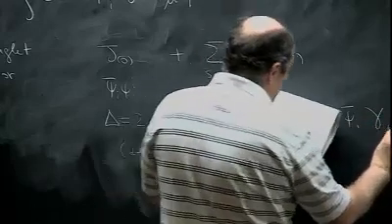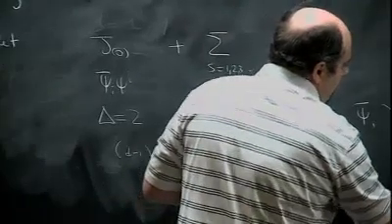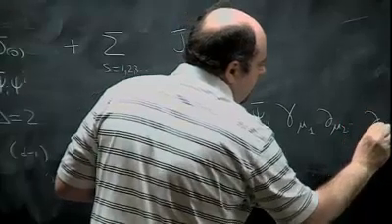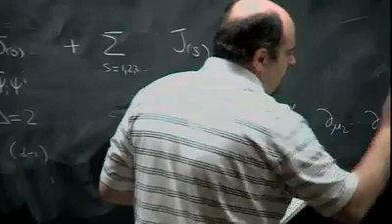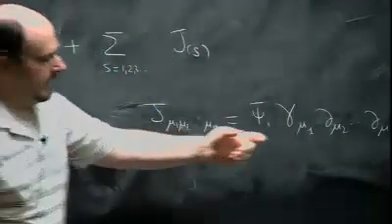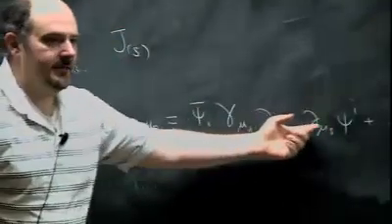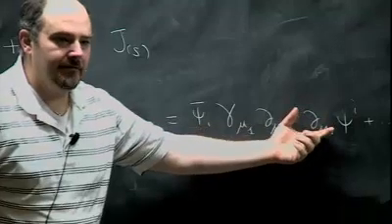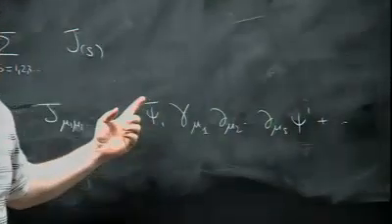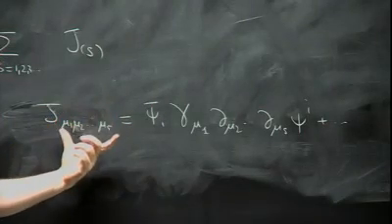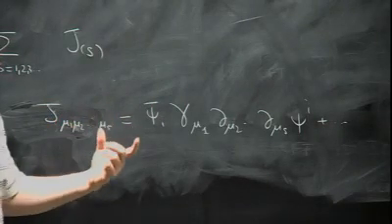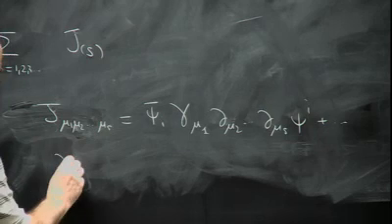These operators now have one less derivative compared to the corresponding scalar story. Okay, so again, the plus dot dot dot means terms in which these derivatives are distributed in different ways between this term and this term, such that the full operator is conserved, symmetric, and traceless.